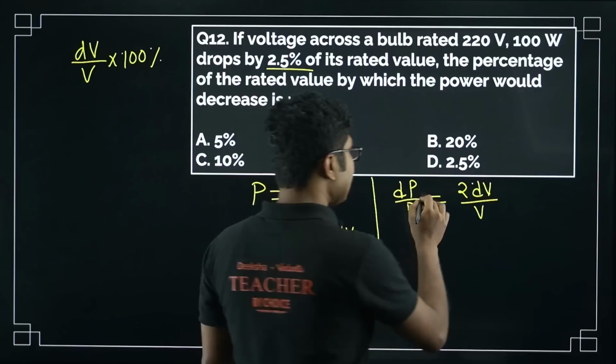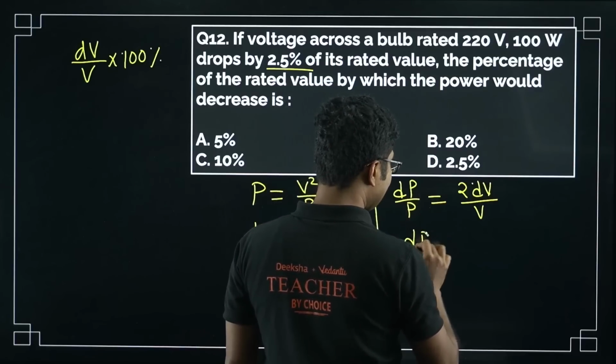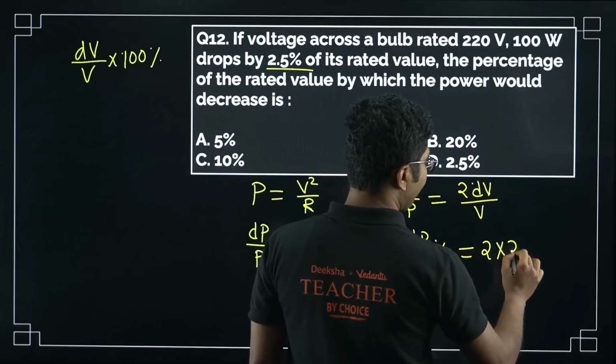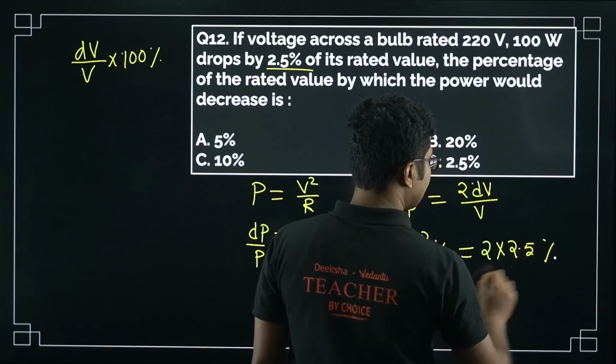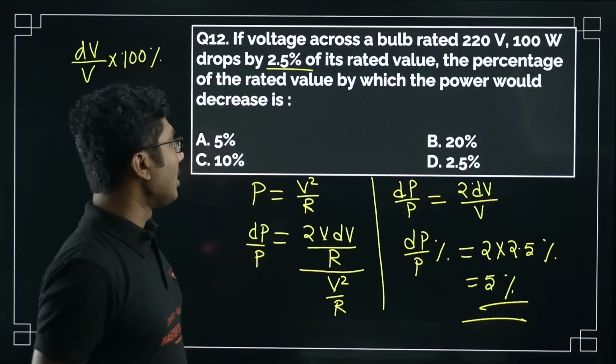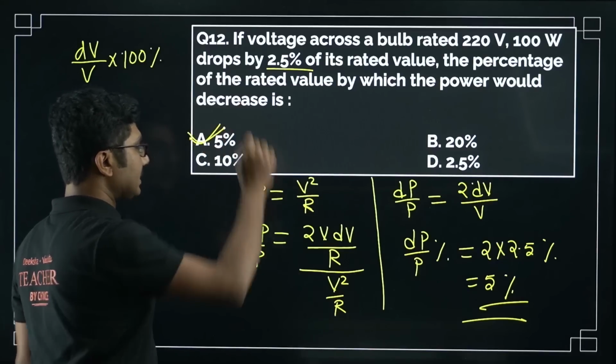So the percentage change in dP by P, that is the percentage change in the power, is basically 2 times 2.5%, that is 5%. So 5% change is in the power.